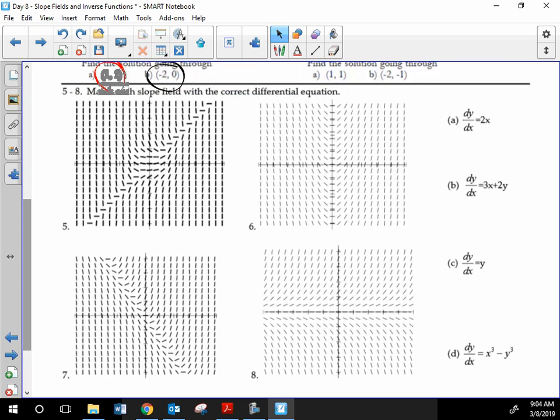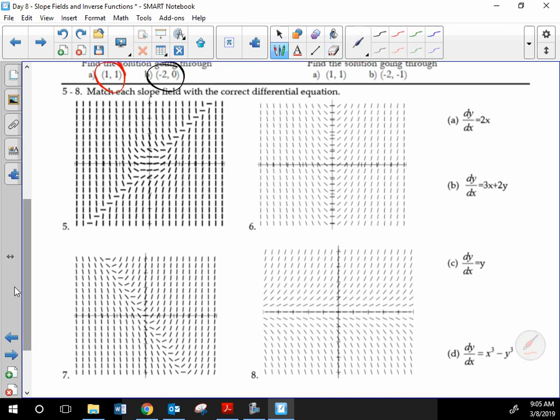So as we went through to do this, what did we do to help us decide which graph was what? Plug in 0, 0, okay. If we look at 0, 0, they all end up being the same value, 0, don't they? How about 1, 1? That's not 1, 1.